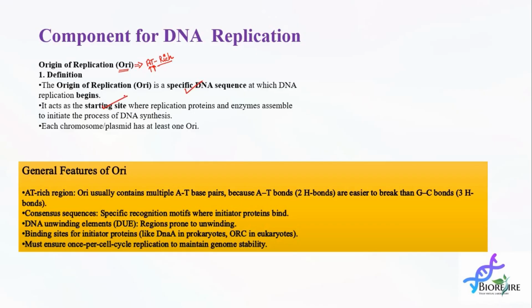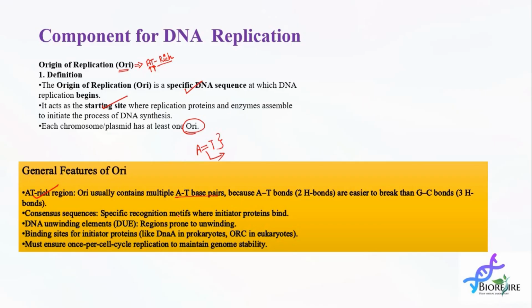In a chromosome or plasmid, this region is known as the ORI, the origin of replication. A general feature is that it is AT rich, meaning it contains multiple AT base pairs. Adenine binds with thymine by a double bond, and this double bond is easily breakable. That's why this region is AT rich.